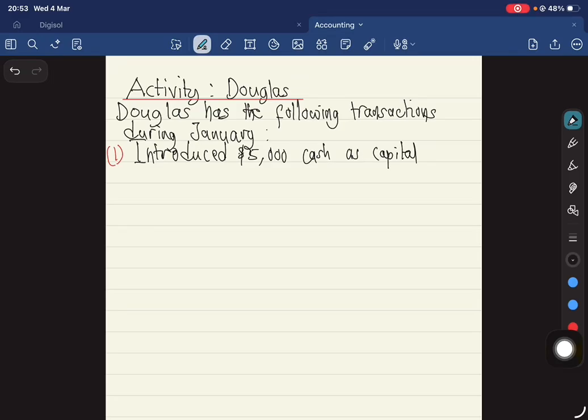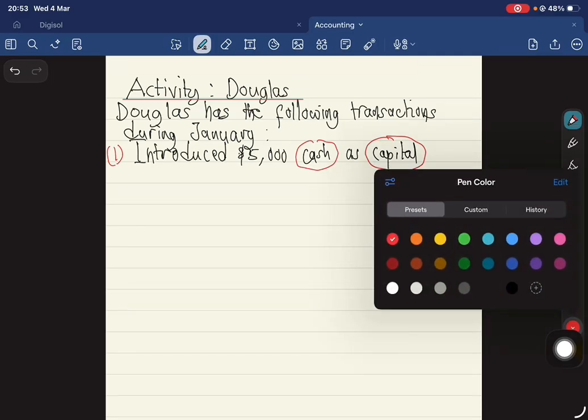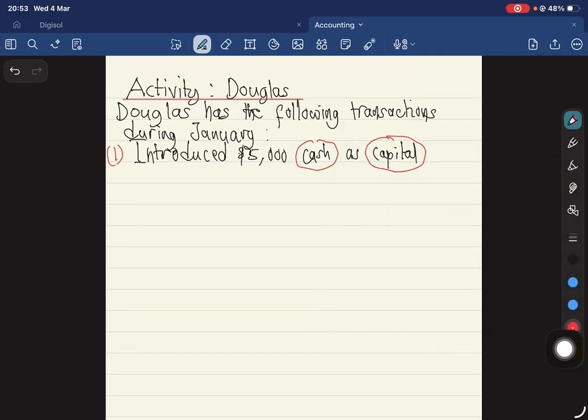So let us identify the accounts related to this transaction: cash and capital. So let's draw the T account for cash.